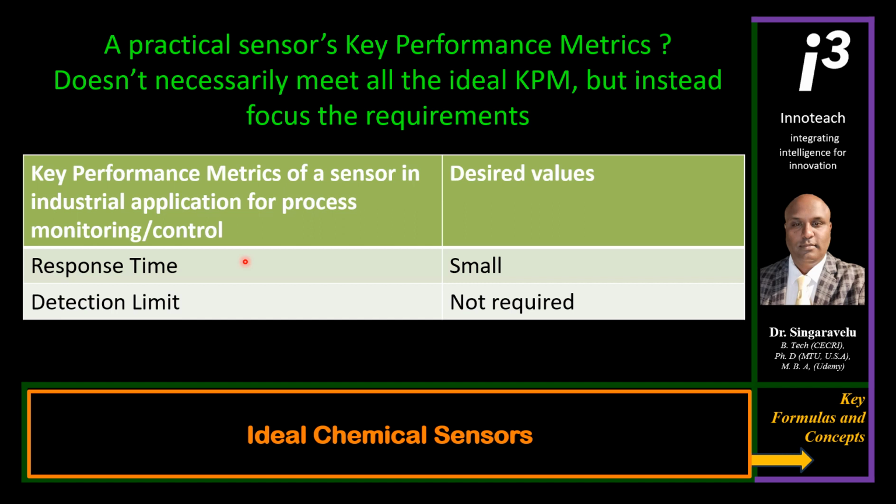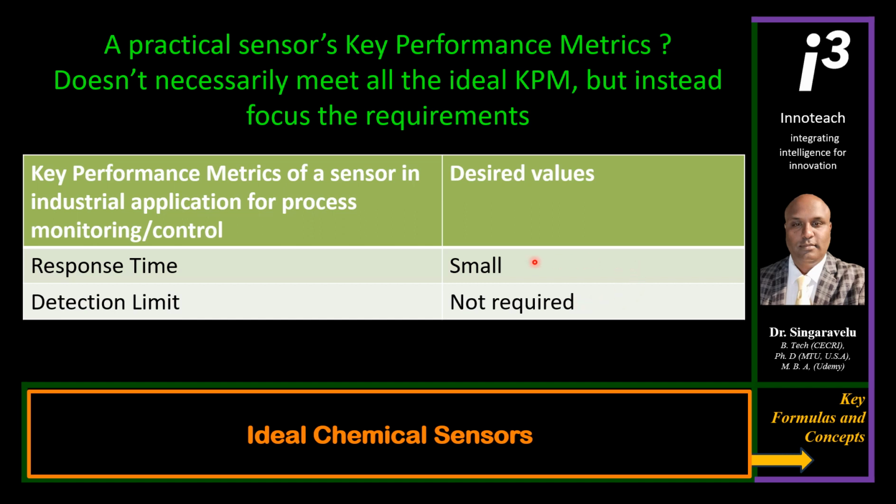So you don't need a very low detection limit when you already have a molar or millimolar concentration range in the reactor. You don't need to worry about the lower detection limit in that case.